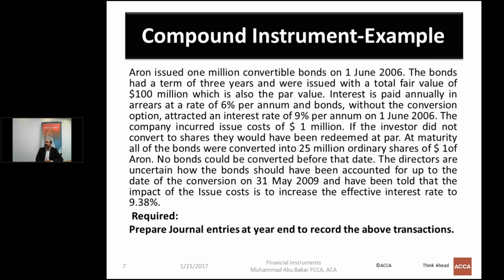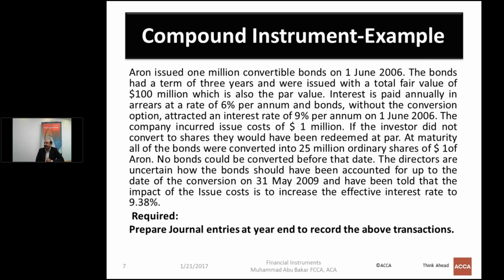Aaron issued 1 million convertible bonds on 1st June. I would request that everyone should participate in this exercise. Aaron issued 1 million convertible bonds on 1st June 2006. The bonds had a term of 3 years, and were issued with a total fair value of 100 million, which is also the par value.